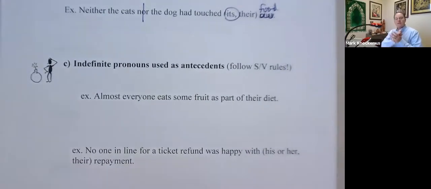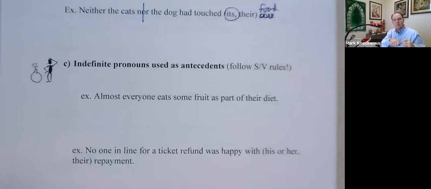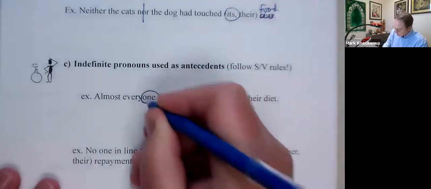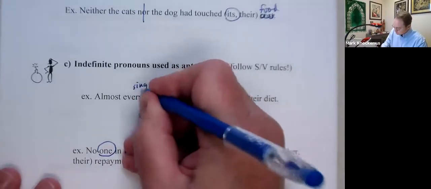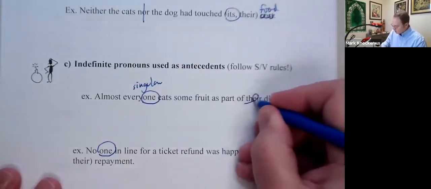Okay. Those indefinite pronouns again, these are trouble. I put a little screen beam here, scratching his little bald head as he's waiting for this bomb to go off. Okay, we have to be certain that we identify which ones are singular. Remember the little clues? Here we go. Almost everyone eats some fruit as part of, boom.